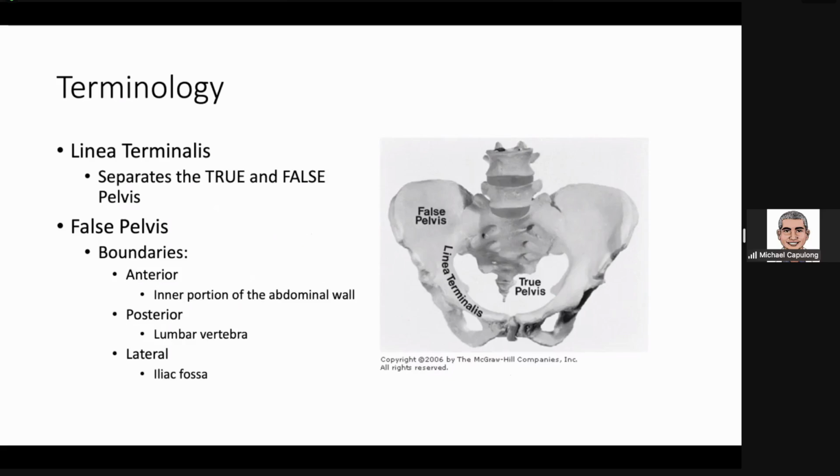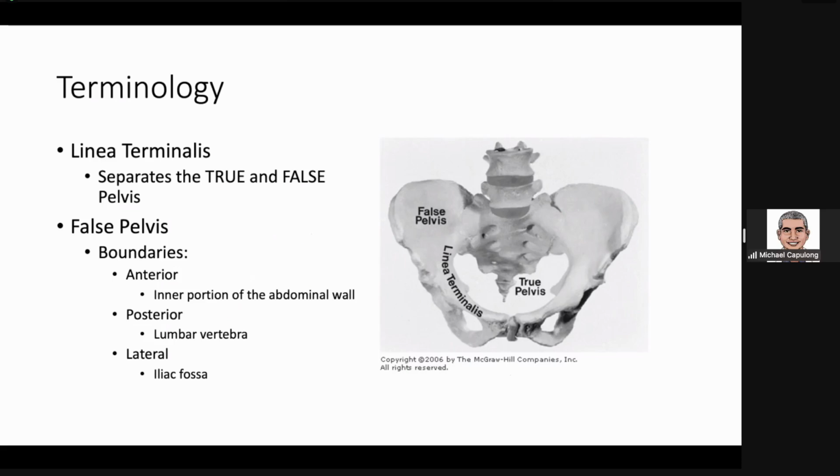In order for us to fully understand the pelvis, we should be familiar with the terminologies and anatomical markers that we use. One is the linea terminalis. The linea terminalis separates the true and false pelvis.